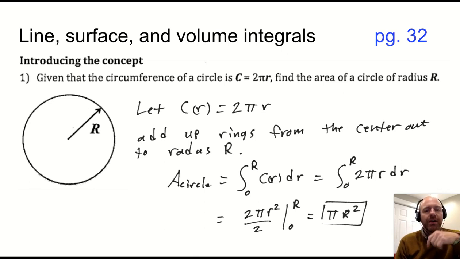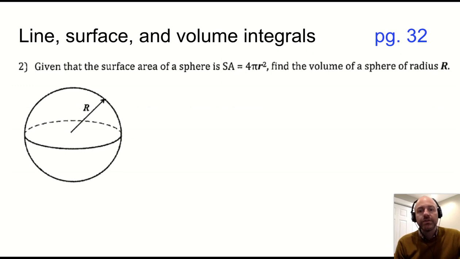The circumference as a function of r is 2 pi r, so you can integrate 2 pi r dr from 0 out to some capital R, and you end up with pi r squared. This shows that what you already know about area and volume already works. We could do this with a sphere.